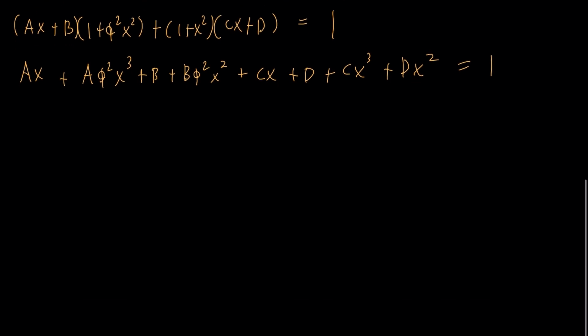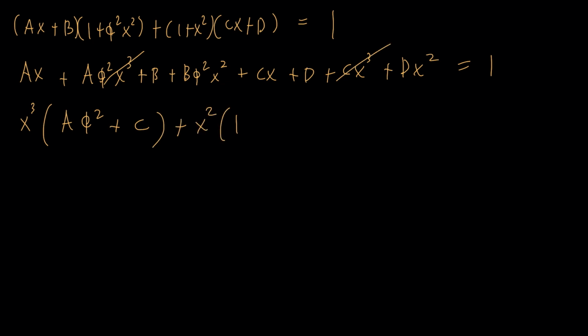And now factoring out some common terms, we'll have x cubed times a phi squared plus c. Factoring out the x squared terms, we'll have b phi squared plus d.